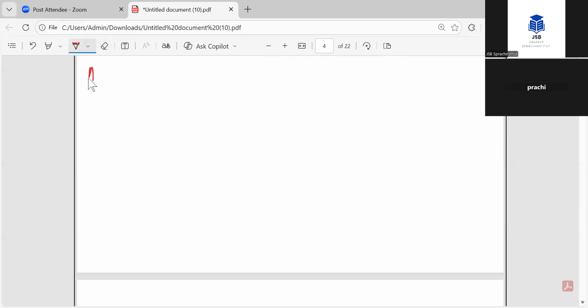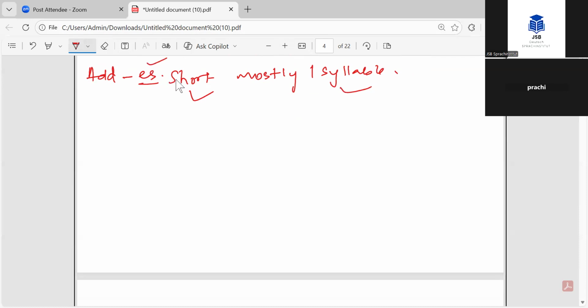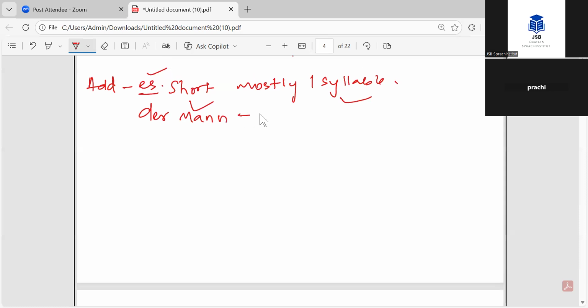Okay. Then we can add es. S for the long word, es only for the short word, mostly one syllable. If the noun is short, or one syllable, you add es. Clear? For example, der Mann, only one syllable, right?